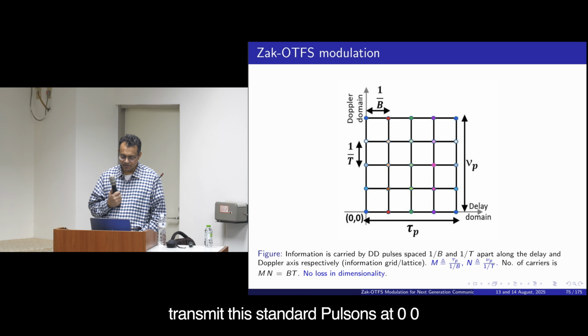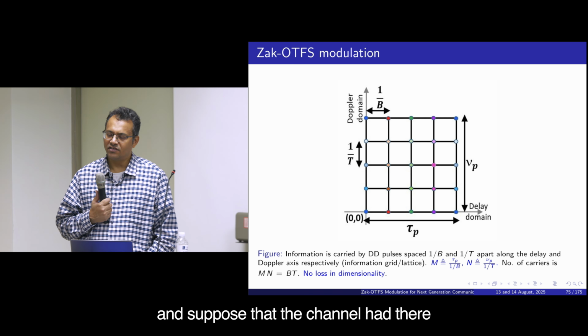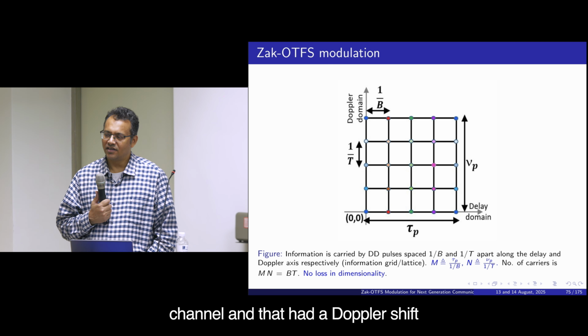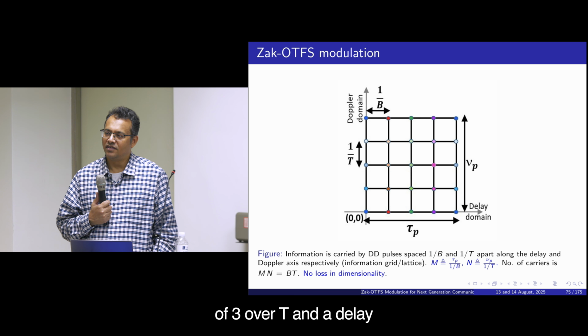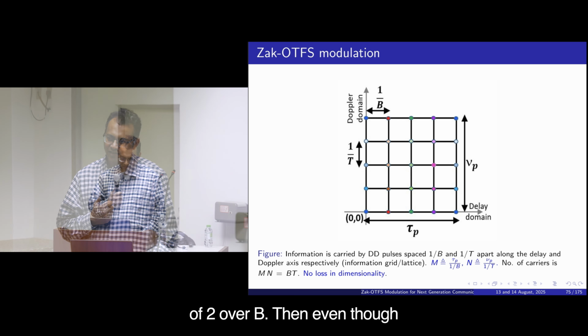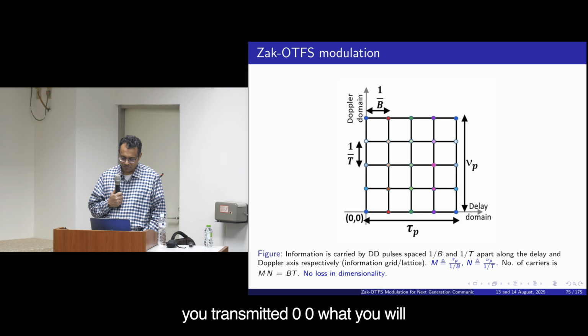Let us say you transmit this standard pulson at 0 0, and suppose that the channel had only a single path, and that had a Doppler shift of 3 over T and a delay of 2 over B. Then even though you transmit at 0 0, what you will actually receive is this pulson, isn't it?